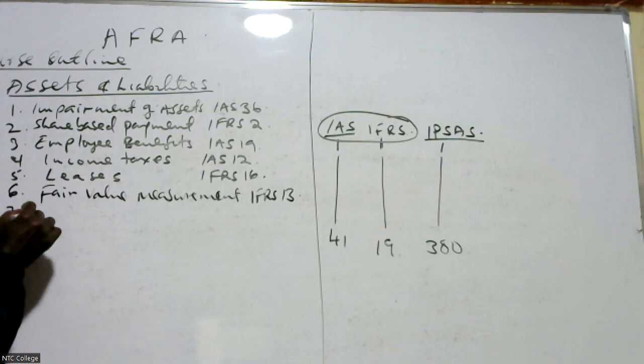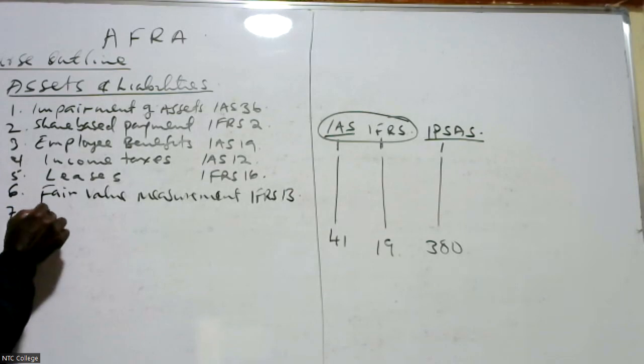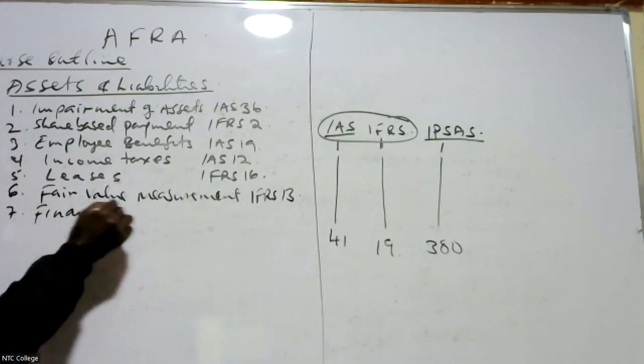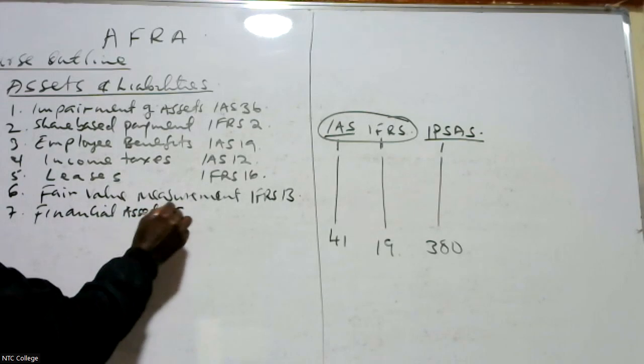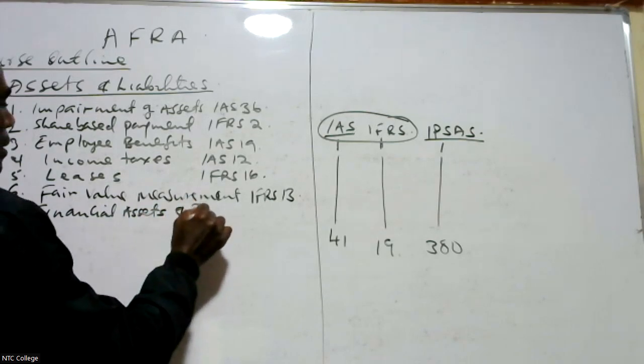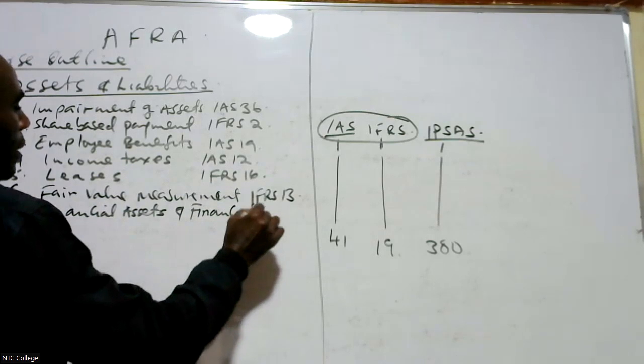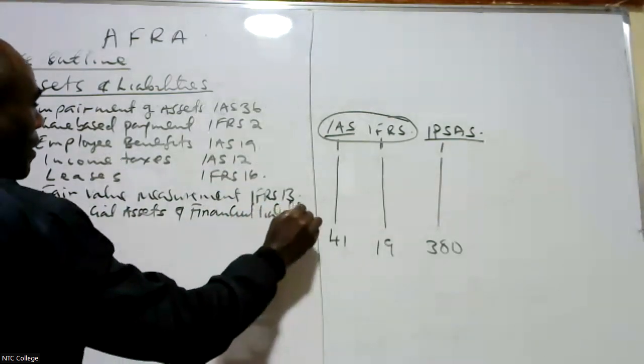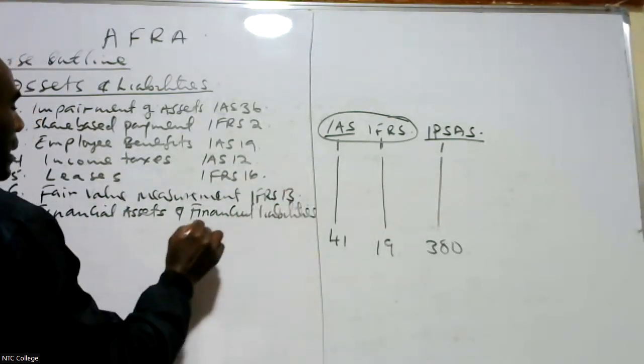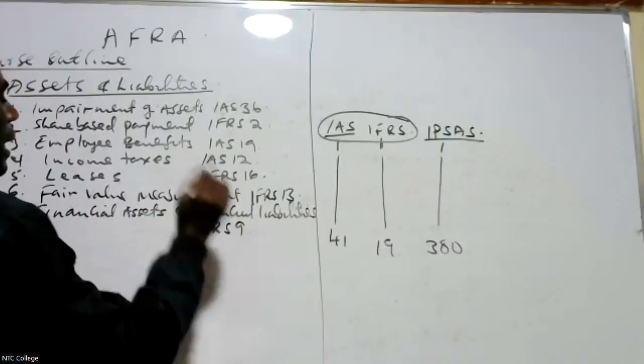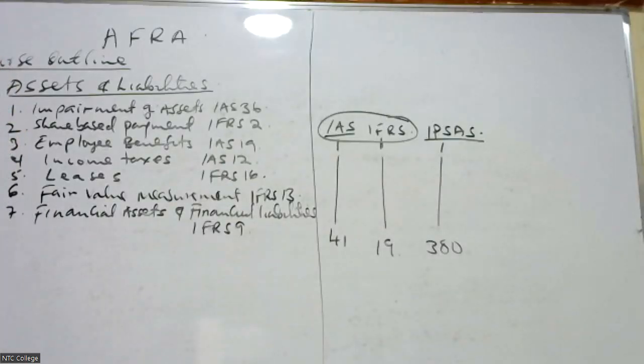Number seven, we have financial assets and financial liabilities. That is IFRS 9. Therefore, those are subtopics under topic number one, assets and liabilities.